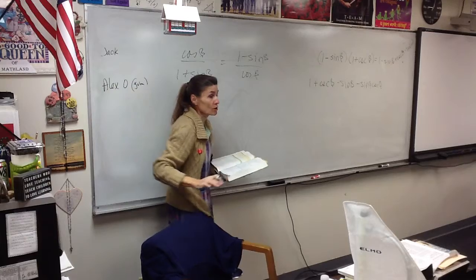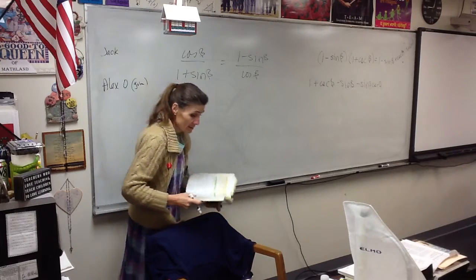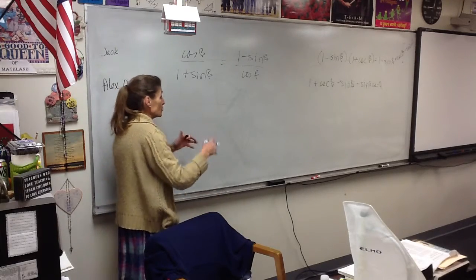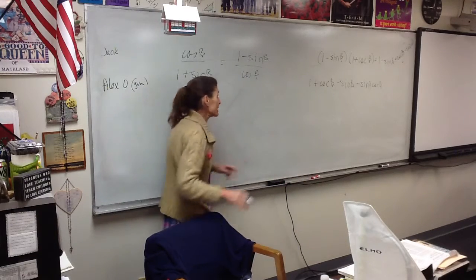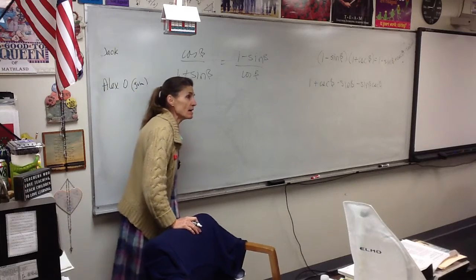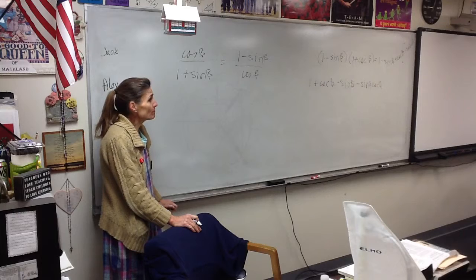You're not allowed to cross multiply, remember. There's no squareds, so I can't be substituting like 1 minus cosine squared is sine squared. I can't do any of that. Does anybody remember what we did yesterday? We actually had one similar to this yesterday. Andrew?